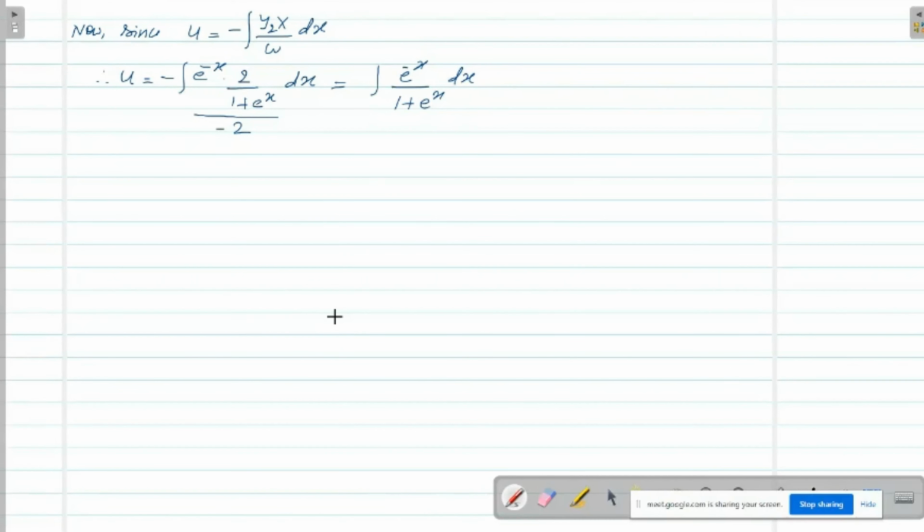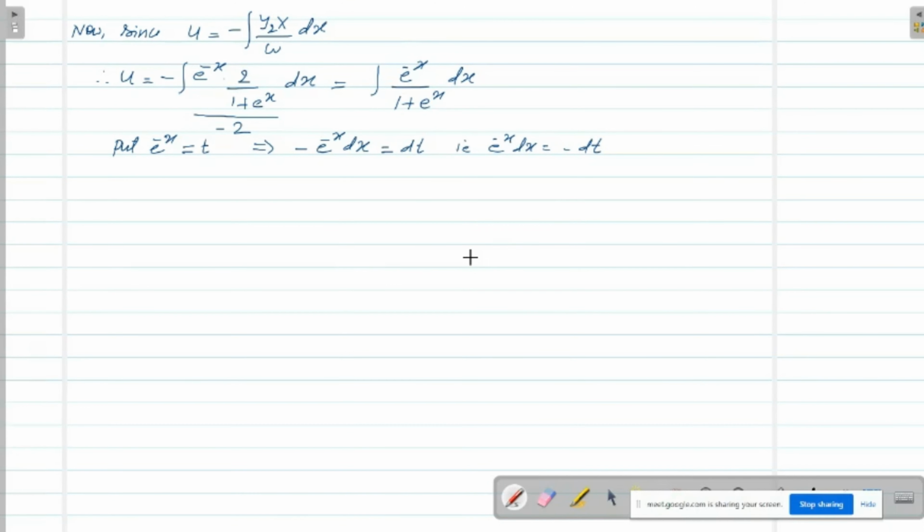Now we will integrate here by putting e raised to minus x equal to t. Just differentiate this. So negative e raised to minus x dx equals dt, that is, e raised to minus x dx equal to negative of dt.